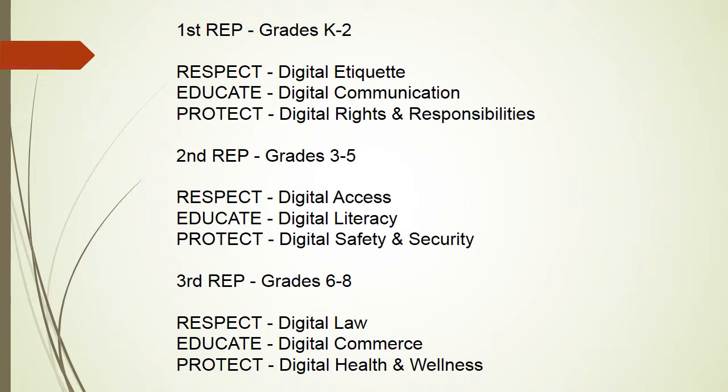And then finally, some of the more involved ideas of law, commerce, and health and wellness are talked about in grades 6 through 8, so that when these students go into secondary schools, they will have been exposed to these ideas and they will at least be able to communicate and talk about them on a certain level.